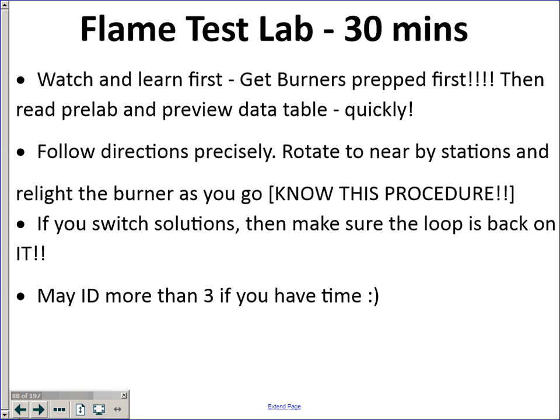Watch my table over here because people don't have them because you got a bunch of stations.